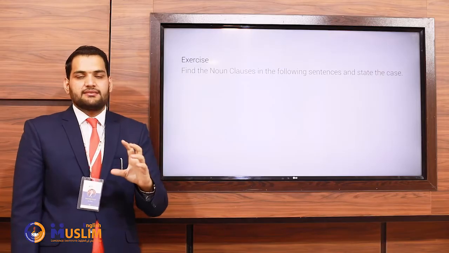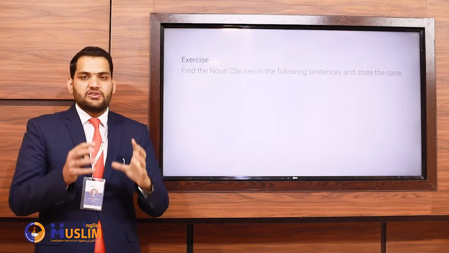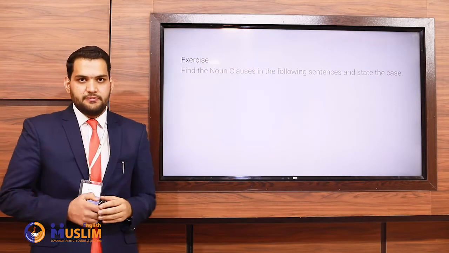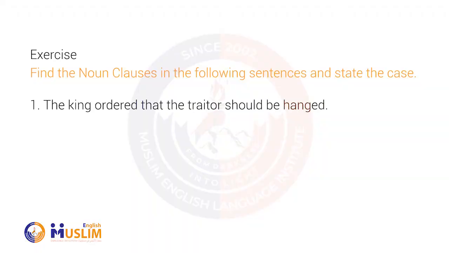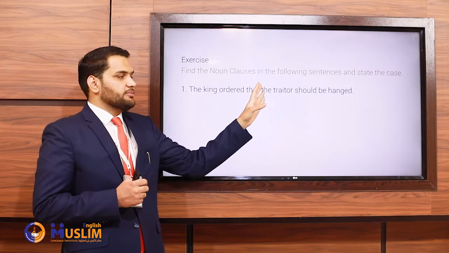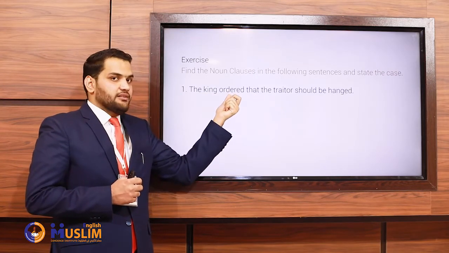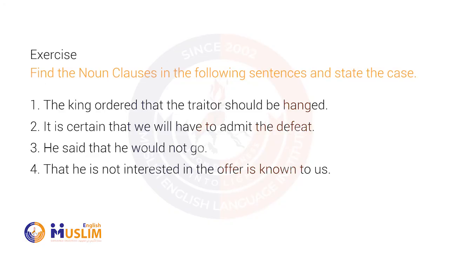In each sentence, you have a noun clause, you have to find the noun clause and tell which case of the noun clause is used. Number 1, the king ordered that the traitor should be hanged. Let me do it. Here, the noun clause is that the traitor should be hanged. And if you see, it is used as the object of the sentence. Good luck with the rest of them.